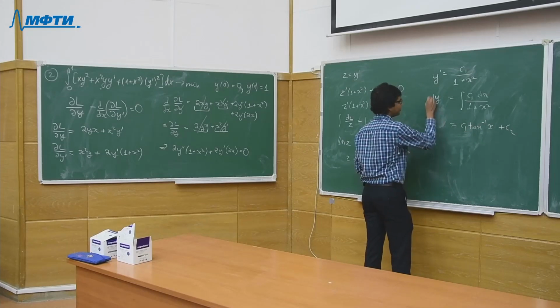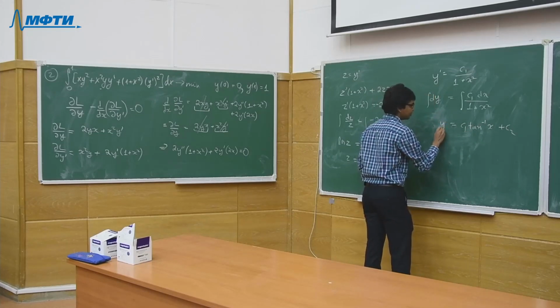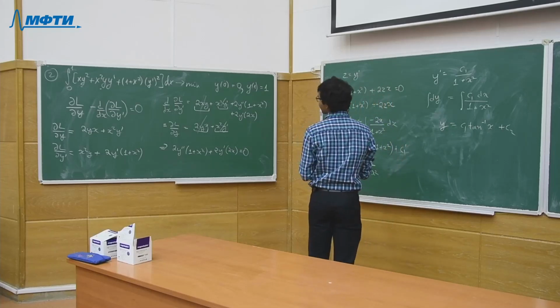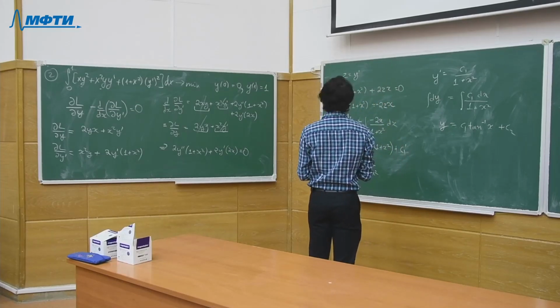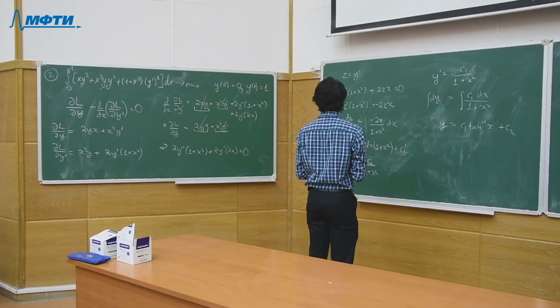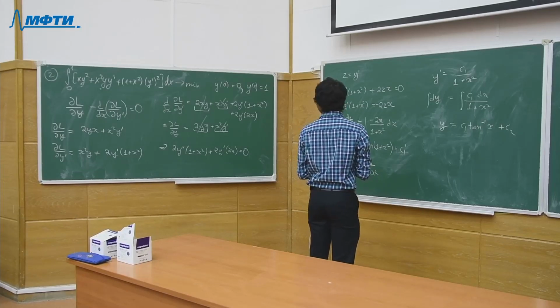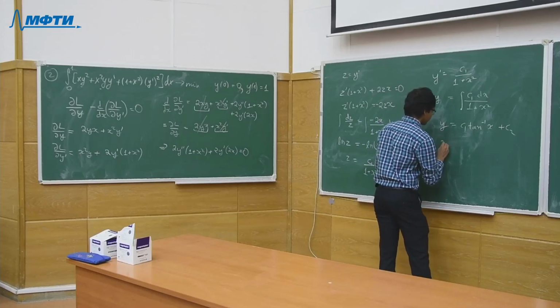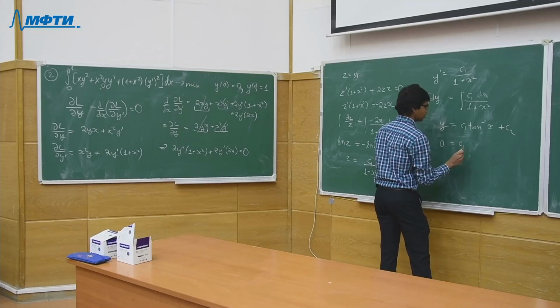Then find C1 and C2 using the initial conditions. The first initial condition is 0, 0. Arctan of 0 is 0, so C2 is 0.